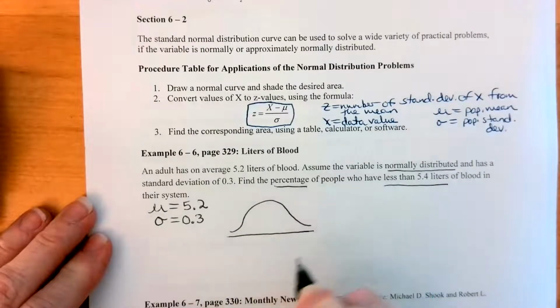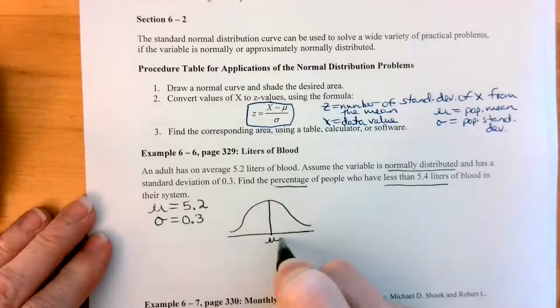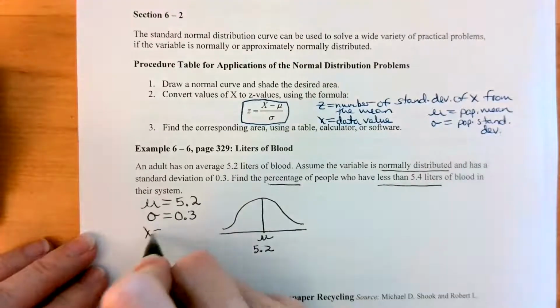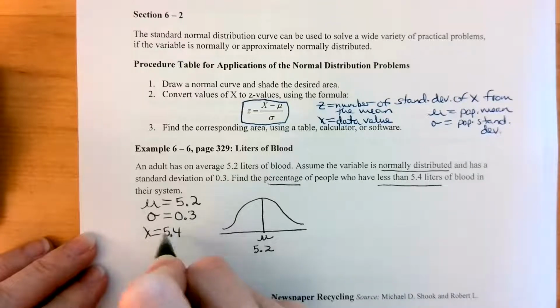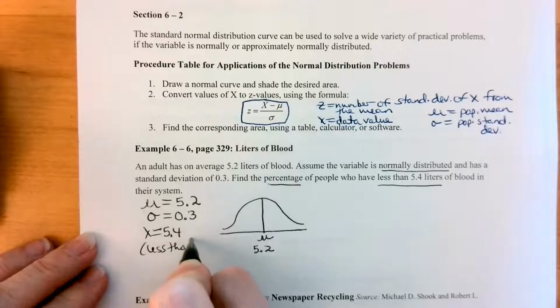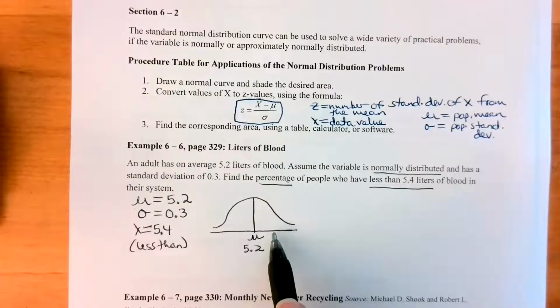So instead of doing the standard normal distribution, now we're just doing a normal distribution with applied data. So the mean mu is in the center, 5.2, and our data value x is 5.4, and less than just tells us where to shade when we draw the picture, less than is to the left. So where is 5.4 in relationship to 5.2? It's bigger, so it's to the right.